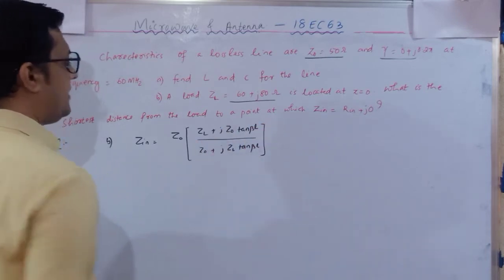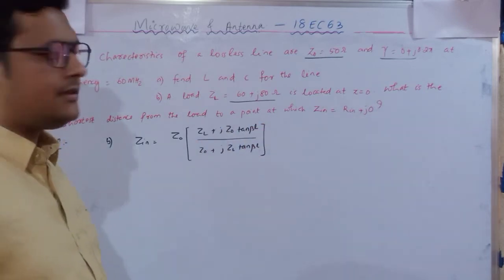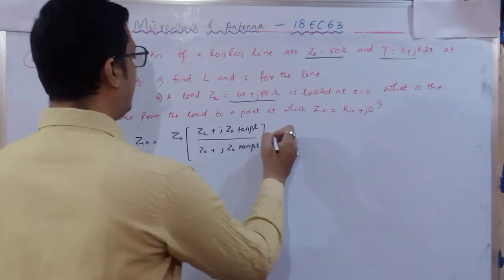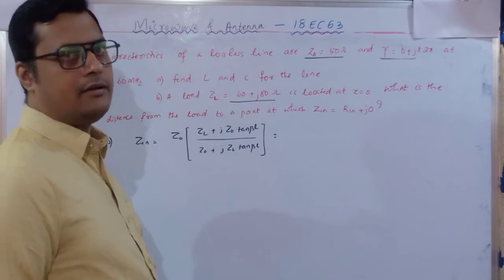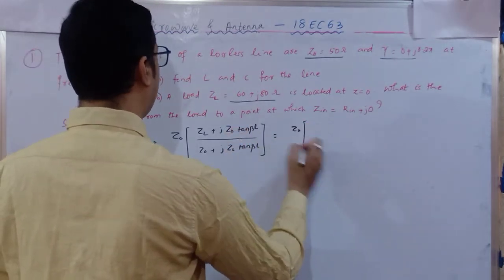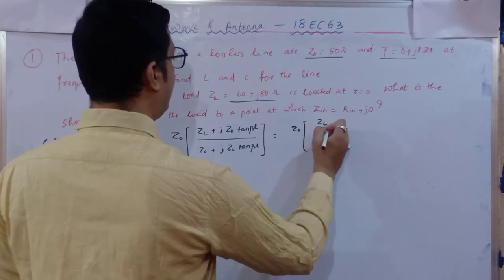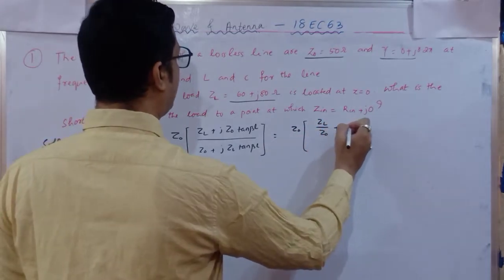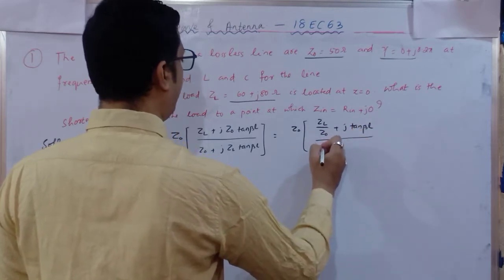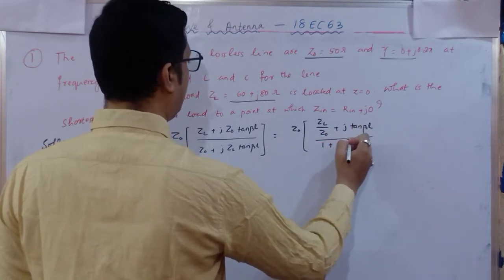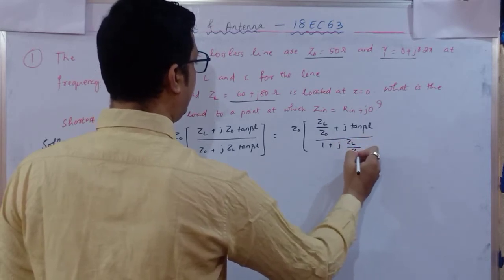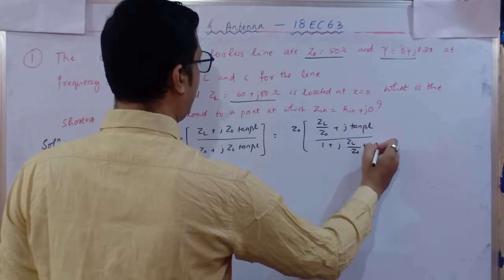So this is the input impedance relation for the lossless line. Now whatever data is given, you substitute each and every one. So here Z0 times ZL by Z0 plus j tan beta l, divided by 1 plus j ZL divided by Z0 tan beta l.